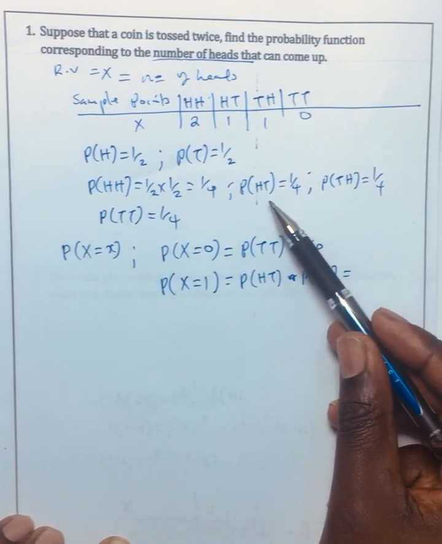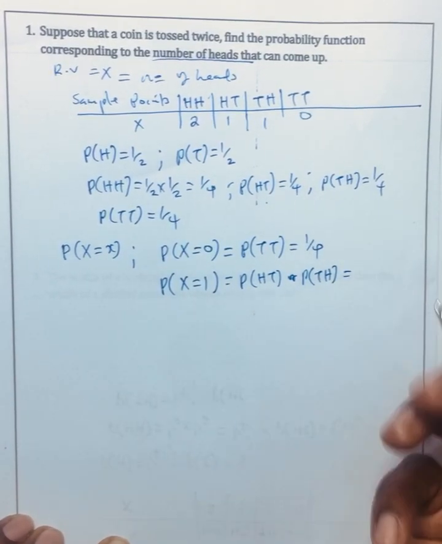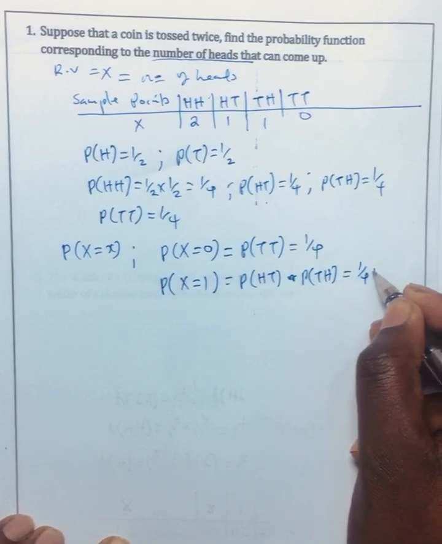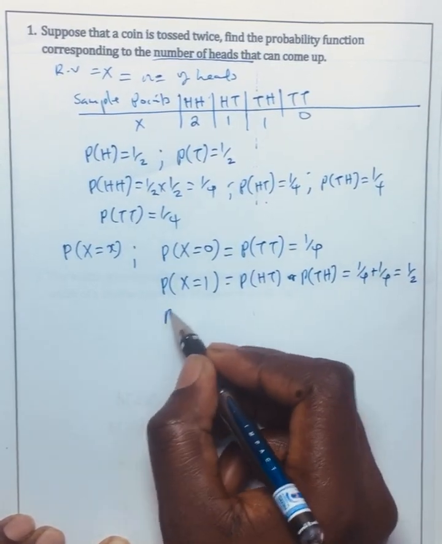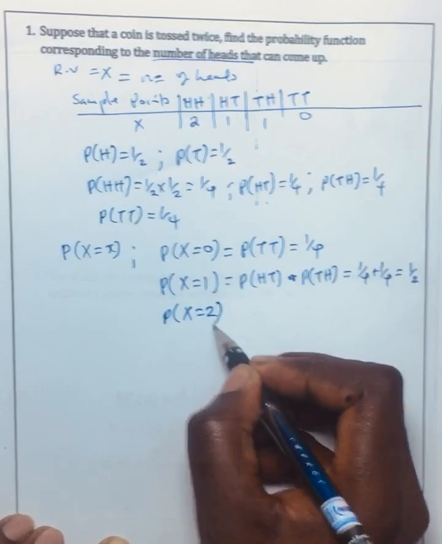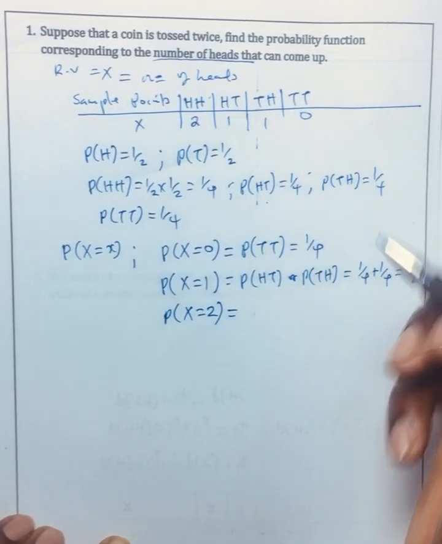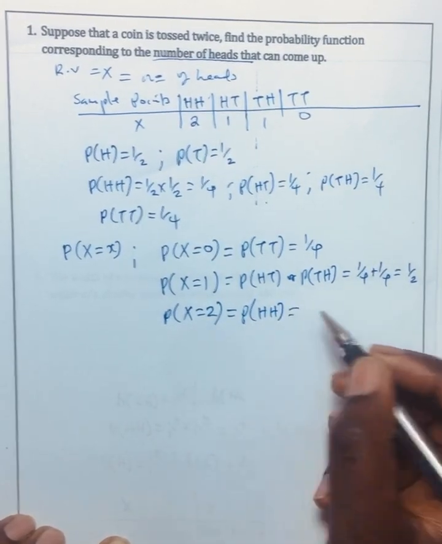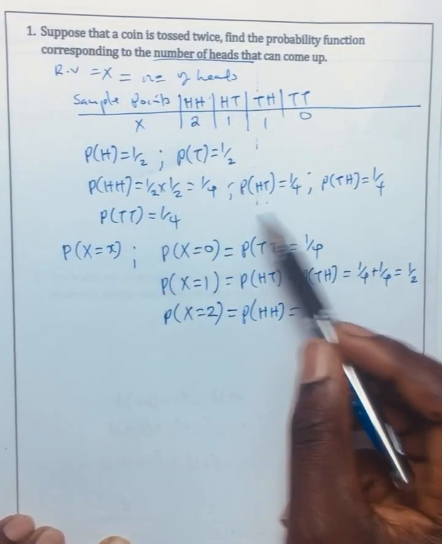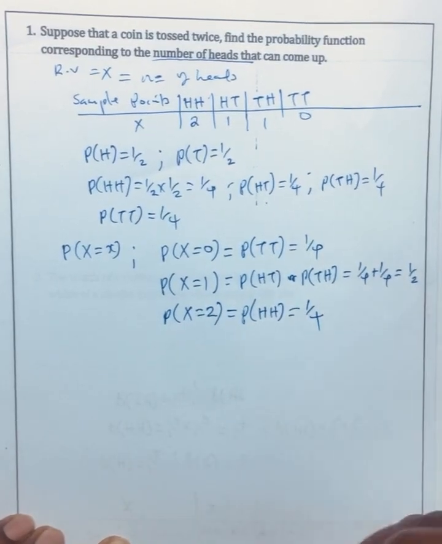We just add them: 1/4 plus 1/4 is half. Then the probability that there are two heads is the probability of a head and a head, which we found to be a quarter.